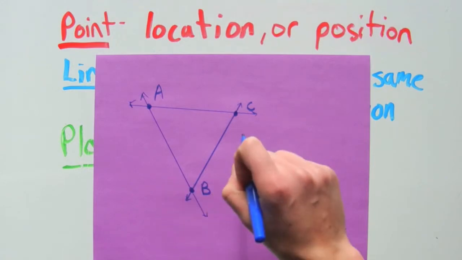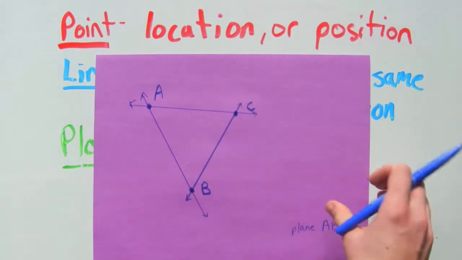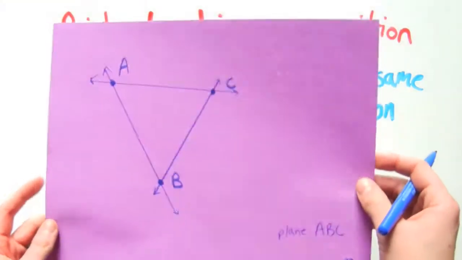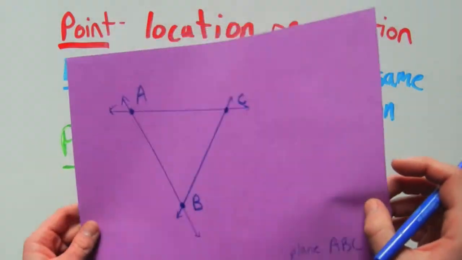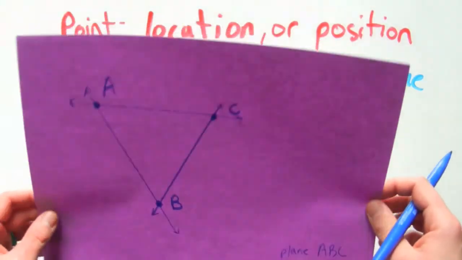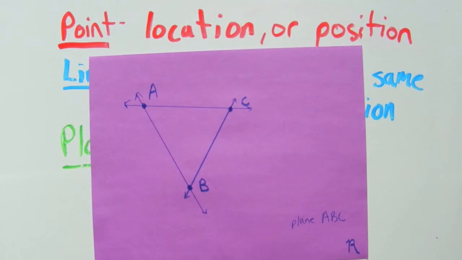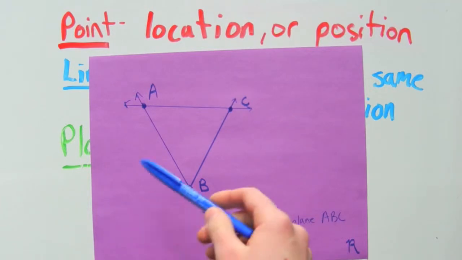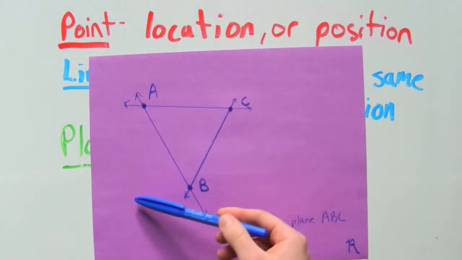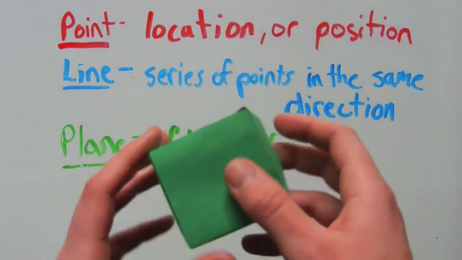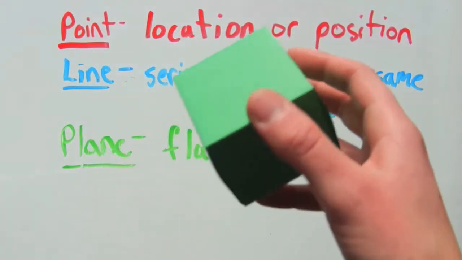However, A, B, and C are all coplanar because they fall on the same plane. So collinear means that a point falls on the same line, and coplanar means that points fall on the same plane. So if a point has 0 dimensions, a line has 1 dimension, and a plane has 2 dimensions, such as height and width or length and width, the best way to think of space is to think of a cube.